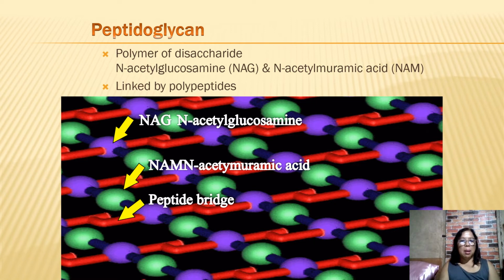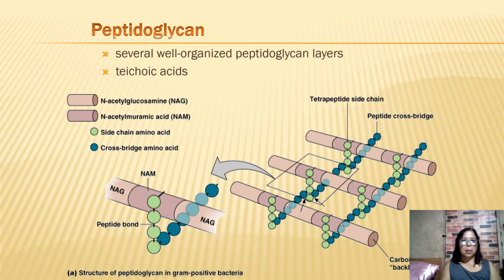And then the red one that links together the violet, the NAG, and the NAM is a red structure, and that is what you call the peptide bridge. So they are linked together by a polypeptide. So you have here the polypeptide, the peptidoglycan.